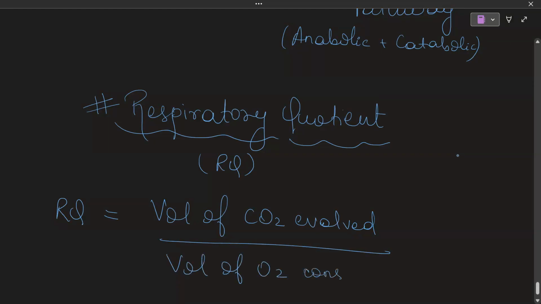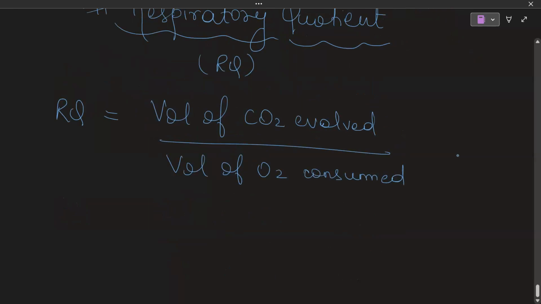So how much oxygen is consumed during the aerobic process that leads to the evolution of carbon dioxide. Now this respiratory quotient value will vary depending upon whatever substrate we are using.